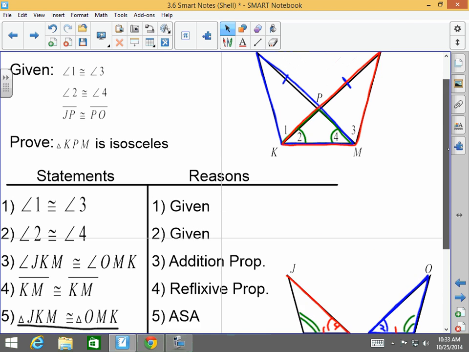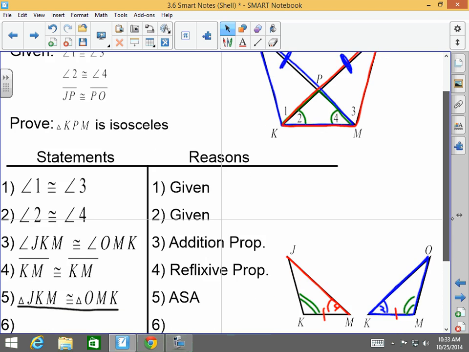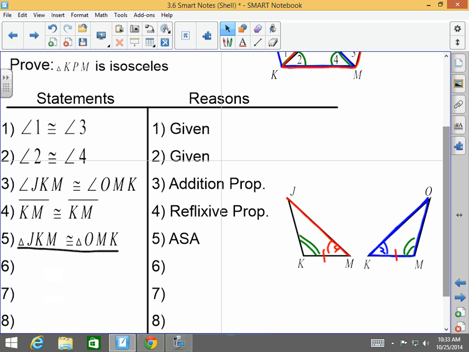So if they tell us that JP is congruent to OP, that must mean that JM is congruent to KO because of CPCTC, right?